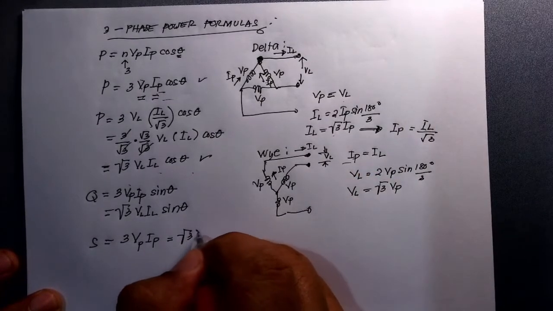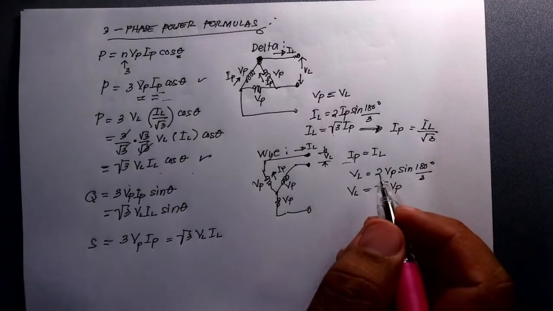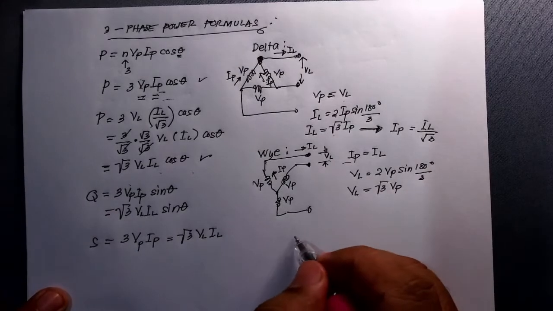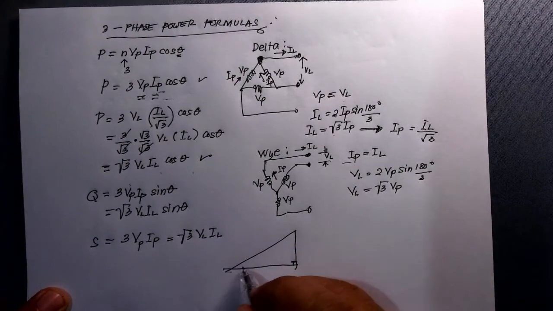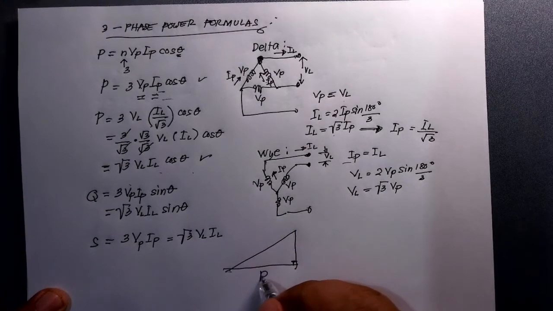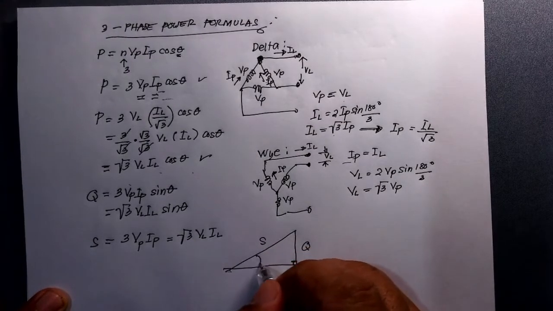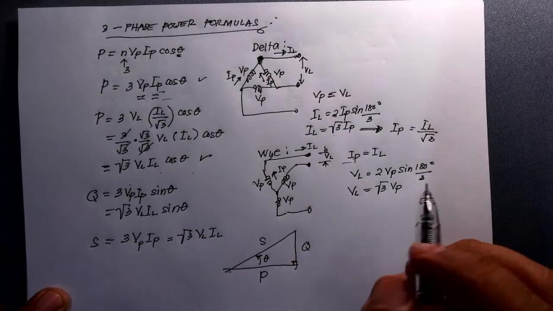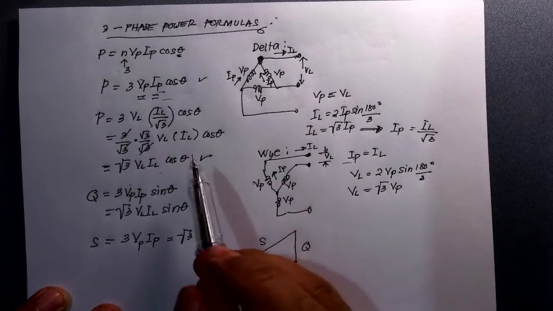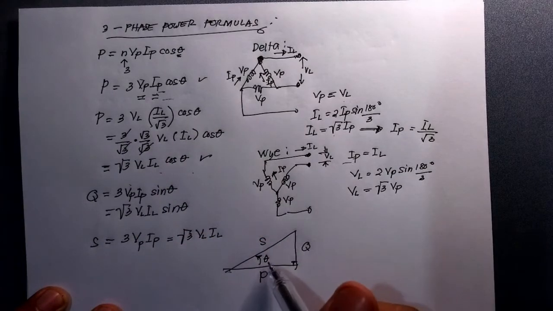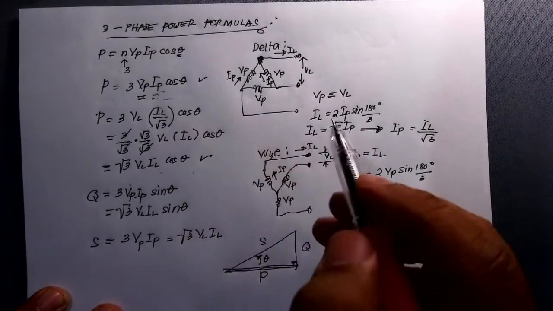Again, our 3-phase power is represented by a right triangle, in which this is your P, here is your Q, and your hypotenuse is the S, and this is your theta. So the cosine of theta, the power factor of this system, relates to your real power.